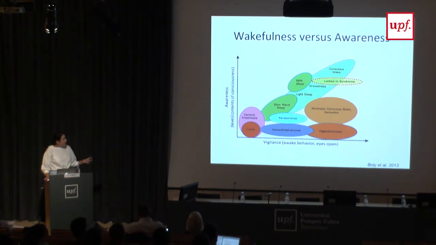It is also commonly described that anesthetics decrease the awareness state, so the information processing that is normally possible in the brain is not possible. What was described in the past is that general anesthesia would give a shutdown of the brain, but I will show you that it's not completely true.